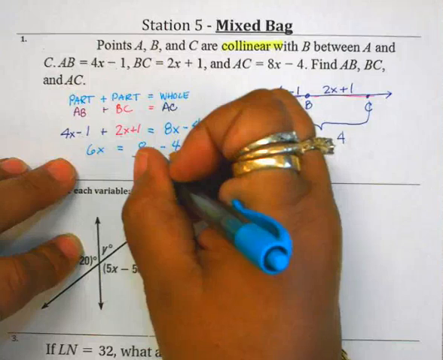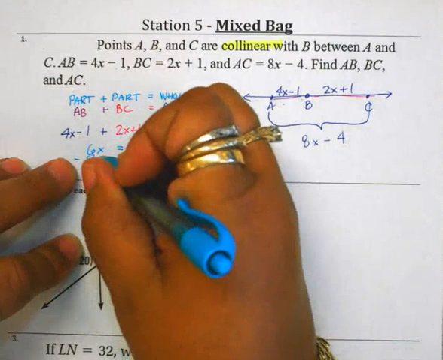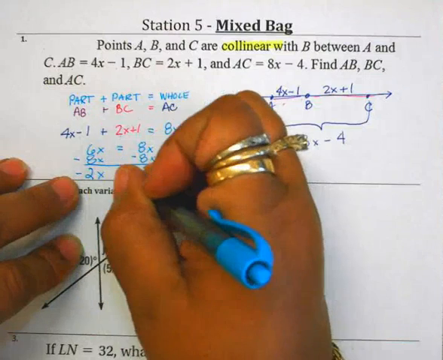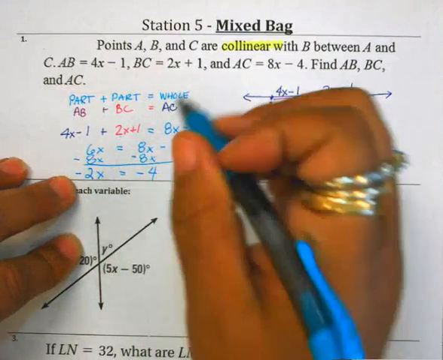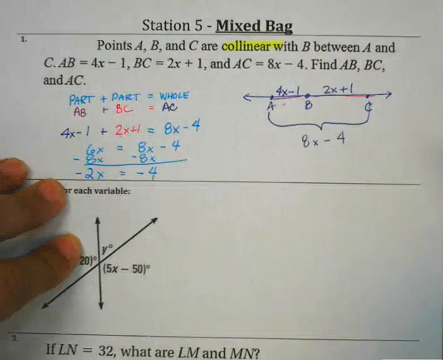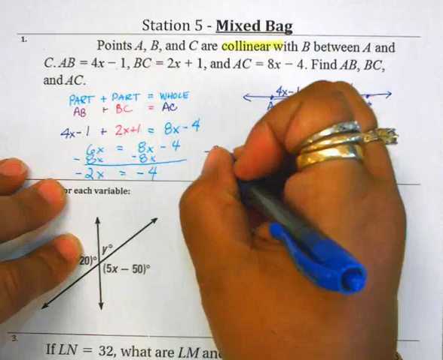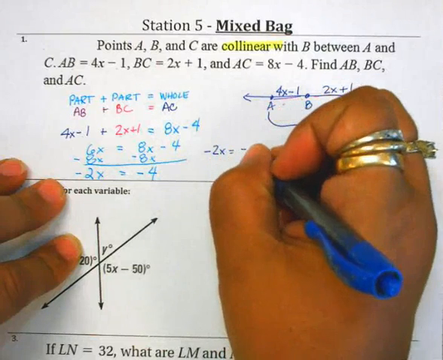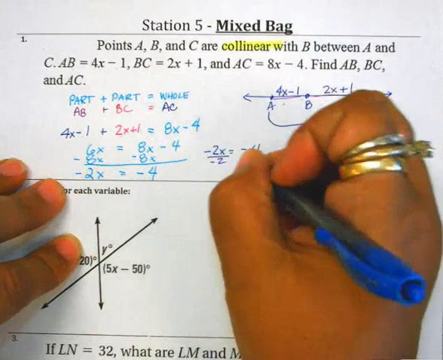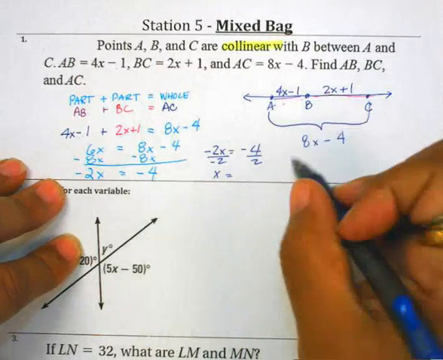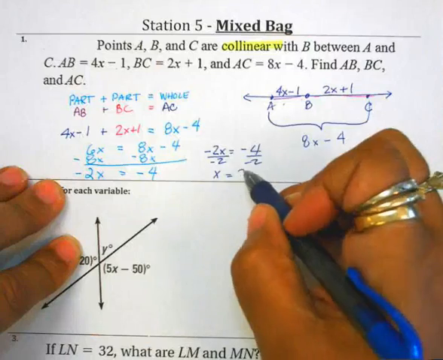Subtract 8x from each side, and I have negative 2x equals negative 4. Divide both sides by negative 2. So now I know that my x is equal to 2.